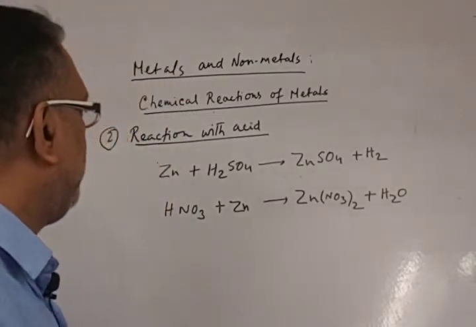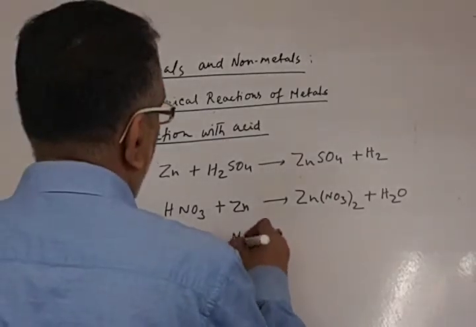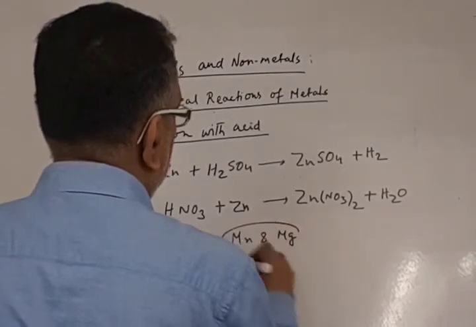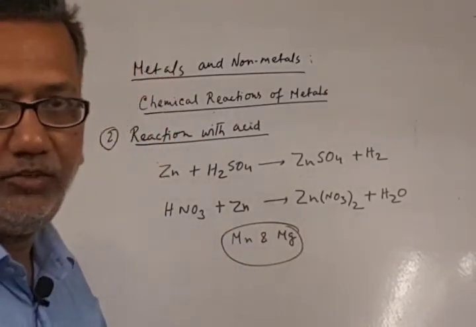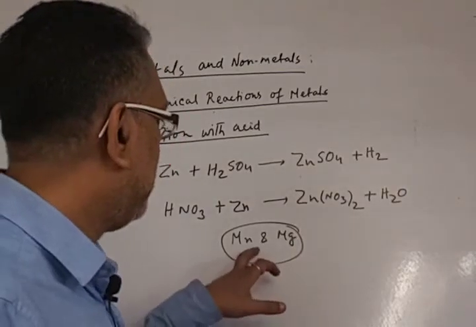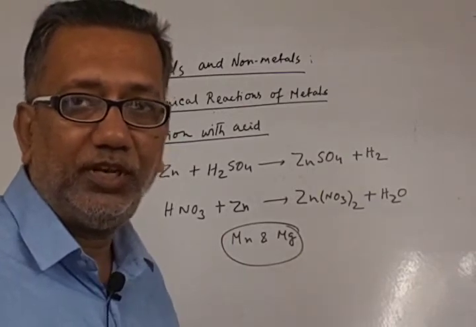But sometimes we find that manganese and magnesium react with nitric acid to produce hydrogen gas. They are very slow reactions, and sometimes they produce hydrogen gas when they react with nitric acid.